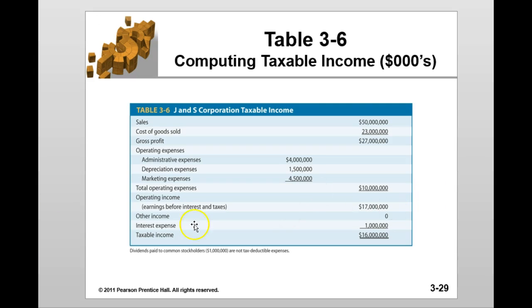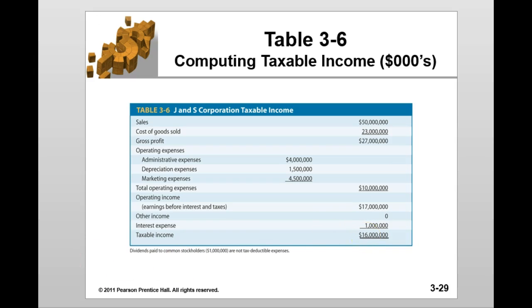So let's kind of look at this. We've got a typical income statement. We have all of the typical suspects in it. Here's our operating expenses. Here's our operating income right here. Then we take out our interest expense, which is just the way the setup is, and that gives us taxable income.